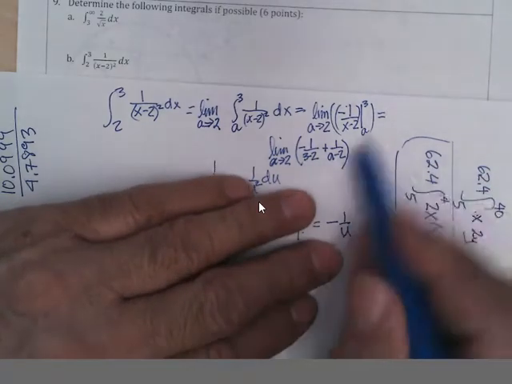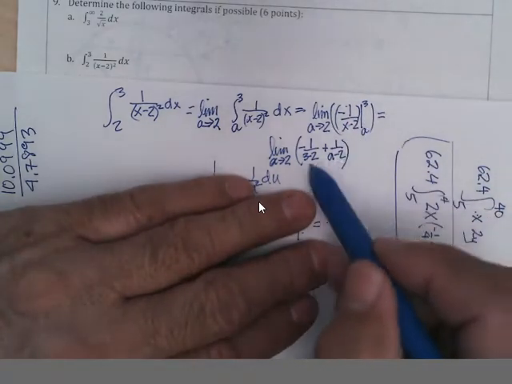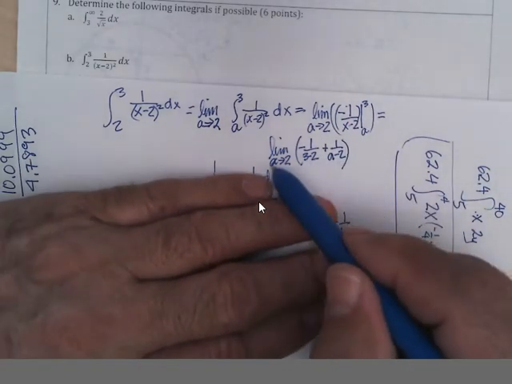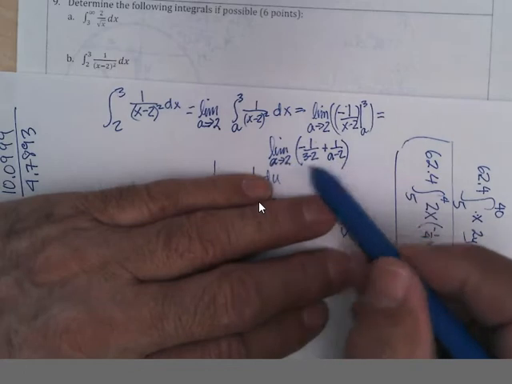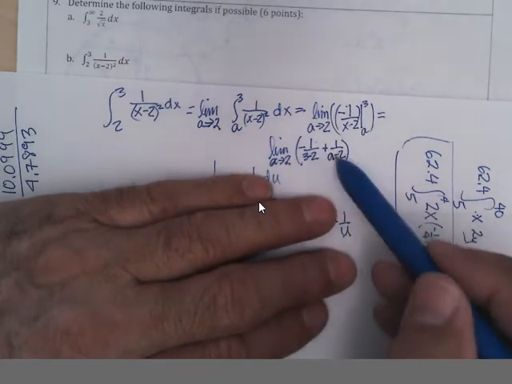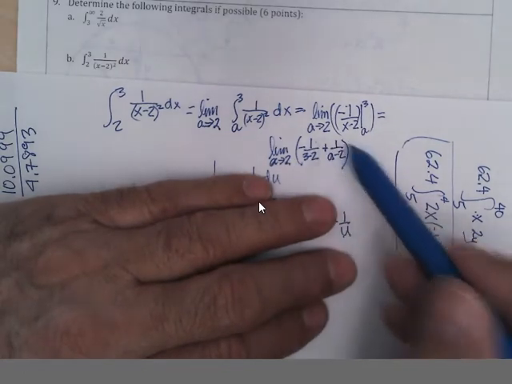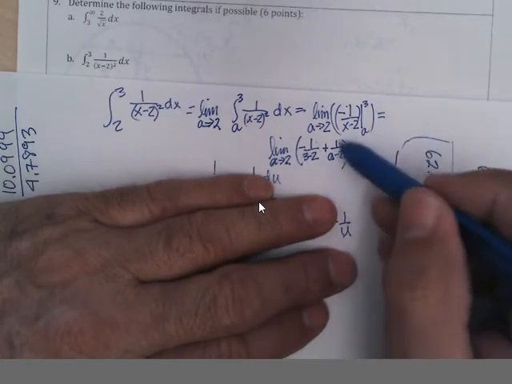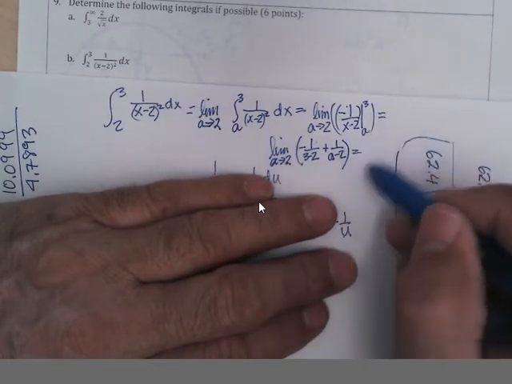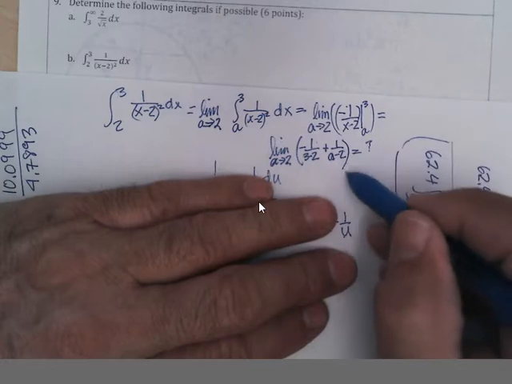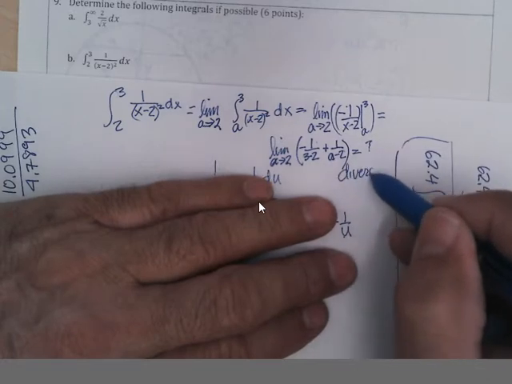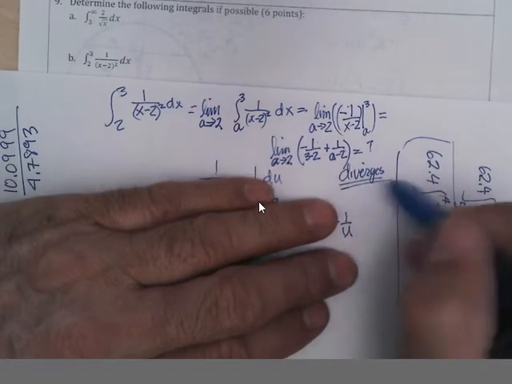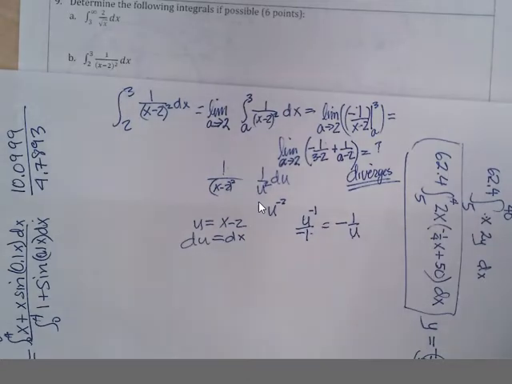Now I've got this all evaluated. Now I'm going to put 2 in. Well, this is a constant. That's not a problem. But 2 in here, I still have division by 0. So that's going to make this fraction get really large. So this also diverges. Okay?